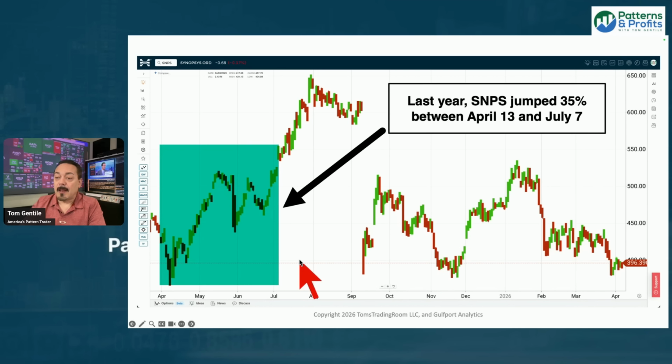What's interesting is Synopsys was coming off of its bottom back then, but it didn't come near its top when the pattern was over. All the pattern tells me when we're not in that pattern is I don't have any seasonal bullishness or seasonal bearishness.